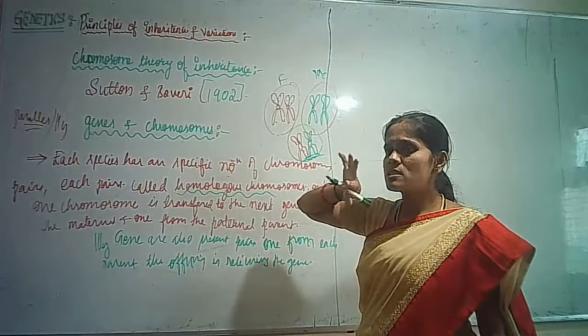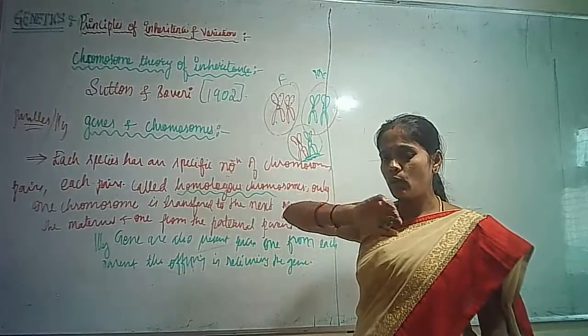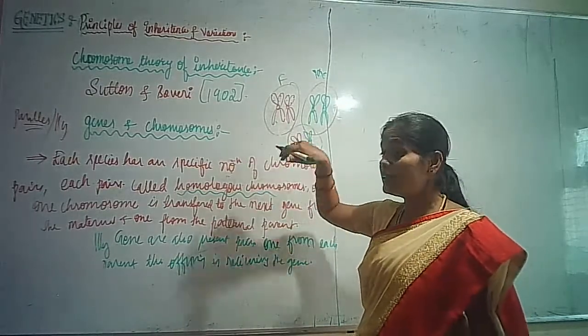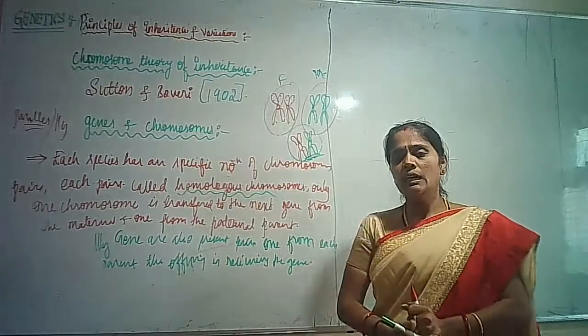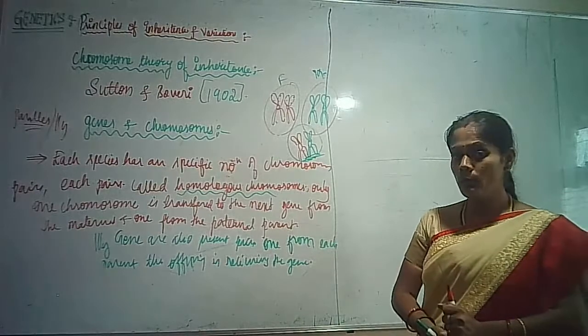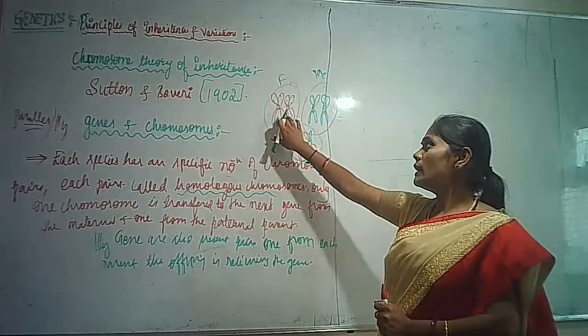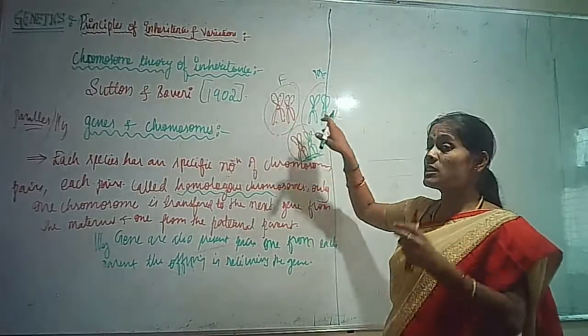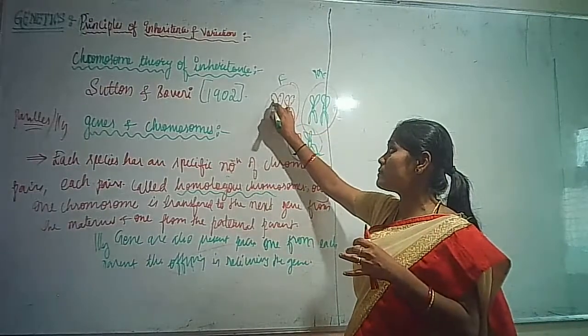Suppose, for example, I have studied the blood grouping in codominance. I have said that on the ninth chromosome we find the allele, gene I, which represents the ABO blood group. In both male and female, the gene responsible is present somewhere here.